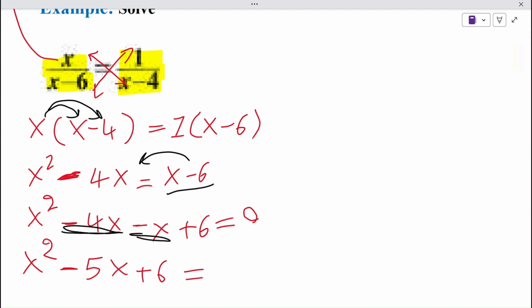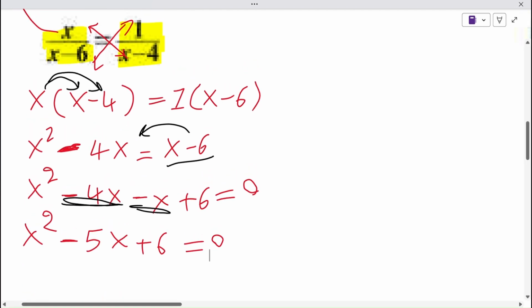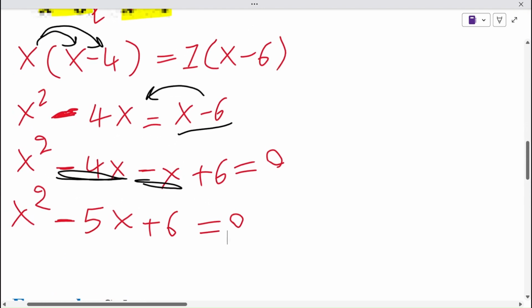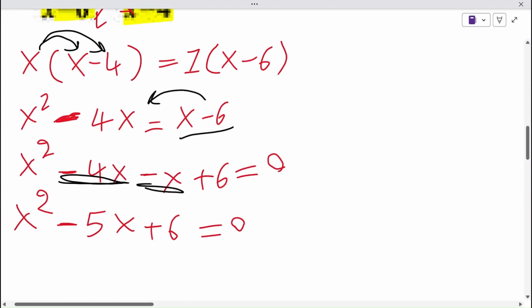Then you can factorize it. This becomes two brackets. x, the first sign put down, then x, this sign times the second sign.